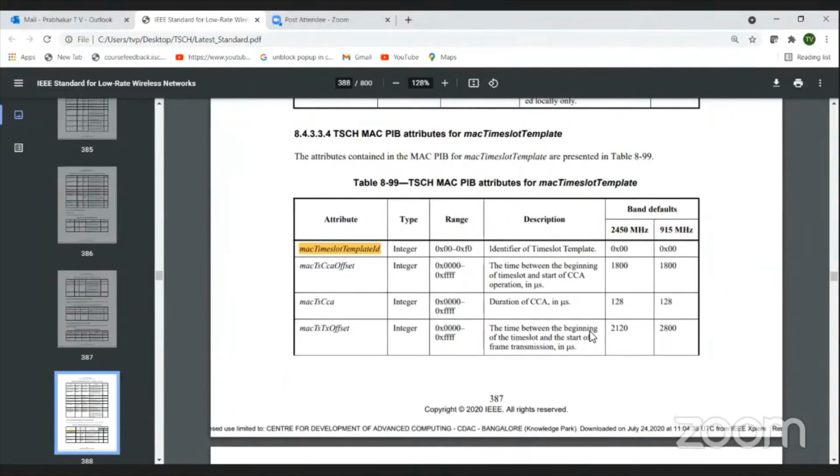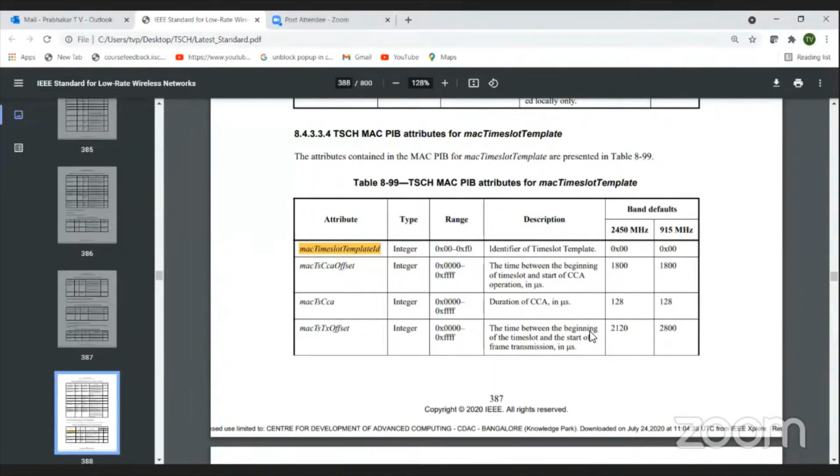You have MAC time slot template ID. This is what I was mentioning about the negotiation. If you go to MAC time slot template ID, this is what is transmitted by the node. It's an integer type. There is a range for it, an identifier of the time slot template.